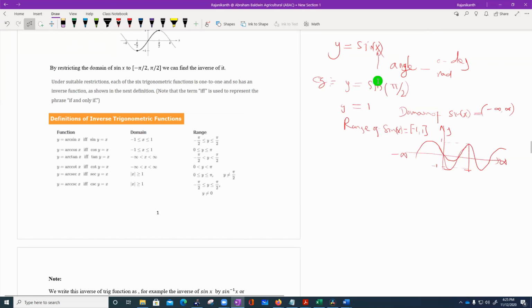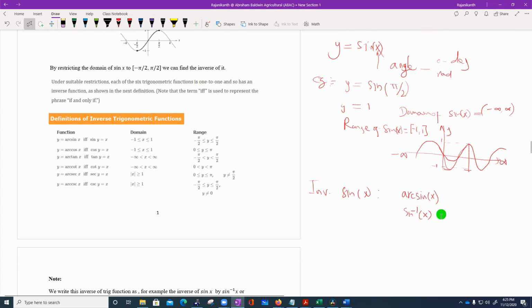But here you are talking about the inverse of the trig function. So the inverse of, for example, sine x could be written in two different ways. Some books use arcsine. Some books use the power -1 for the inverse. So you could use either way.